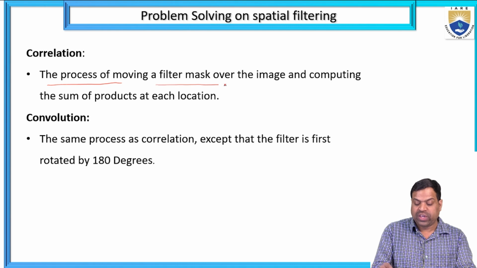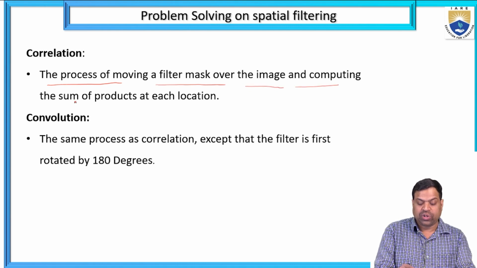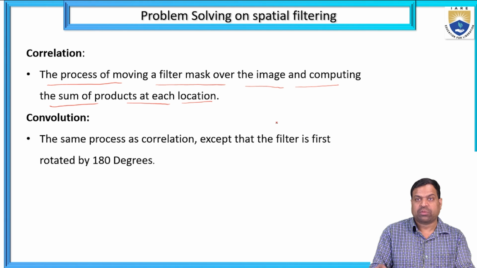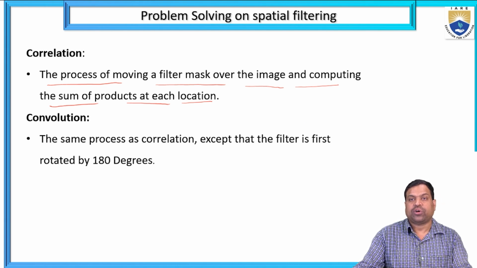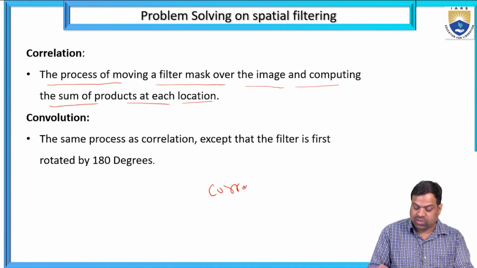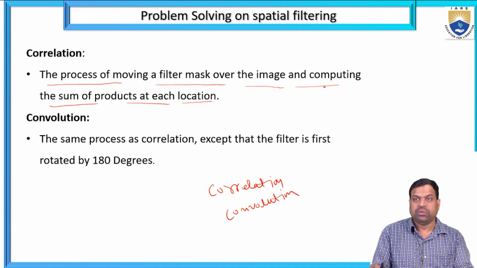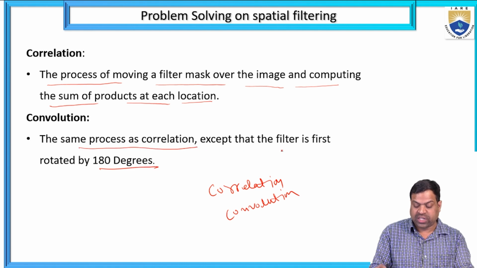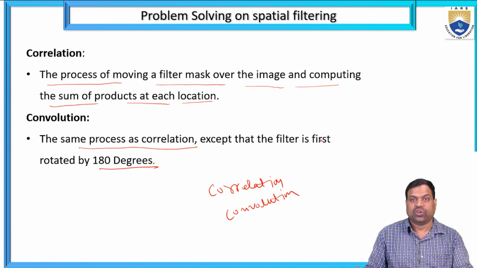So when we are going for correlation or convolution, we move the filter mask over the image and compute the sum of products at each location, and for convolution the filter is first rotated by 180 degrees.